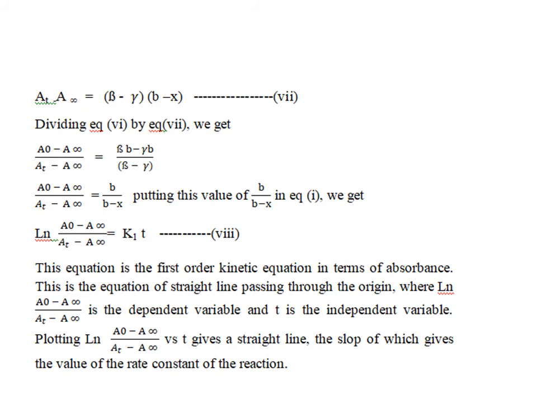Dividing equation 6 by equation 7, we get A_0 minus A_infinity over A_t minus A_infinity equal to beta b minus gamma b over beta minus gamma.